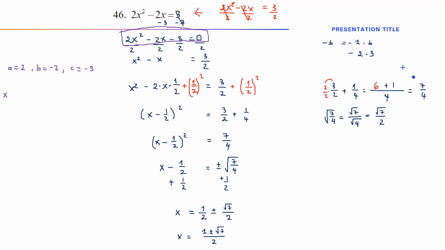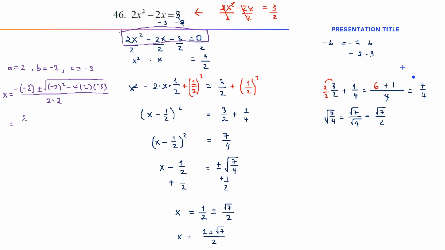Then we have x equals negative b, so -2, plus or minus the square root of b squared, -2 squared, minus 4 times a times c, all over 2 times a.